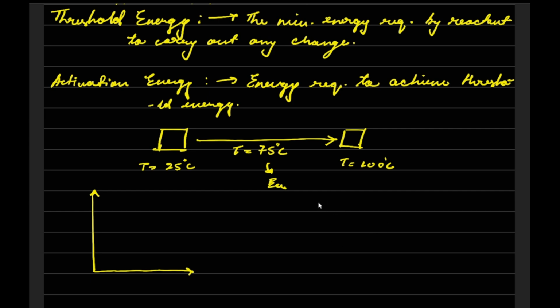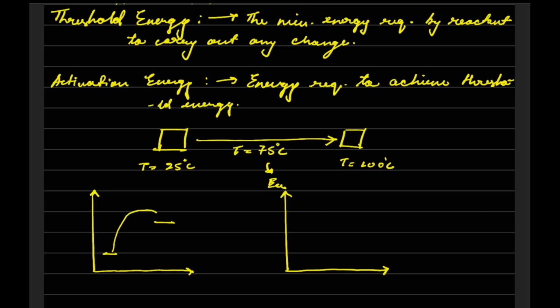Let's suppose these two graphs, where this is the reactant and this is the product.